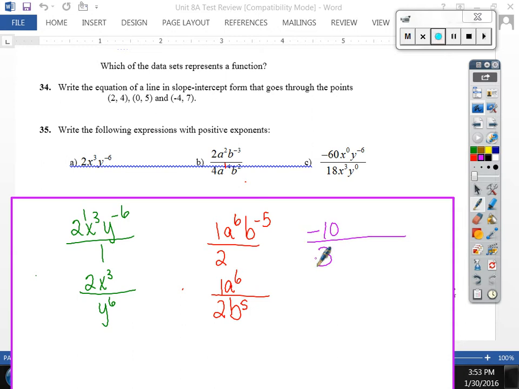So x to the 0 minus 3 is x to the minus 3. Y to the negative 6 minus 0 is y to the minus 6. Now my minus 10/3 stays where it is. This is not a negative exponent, that's a negative number, so the 10 stays where it is. X cubed moves down, y to the 6 moves down.